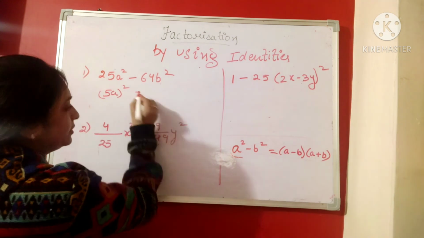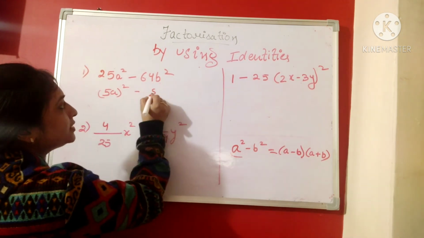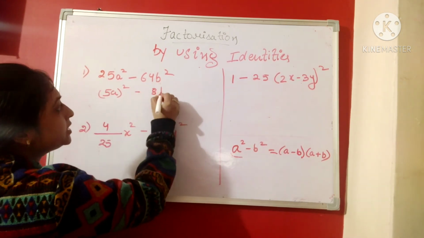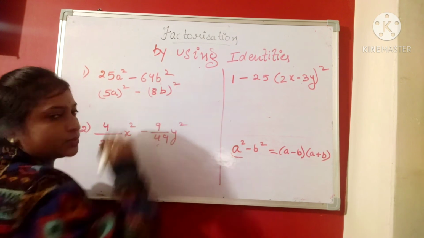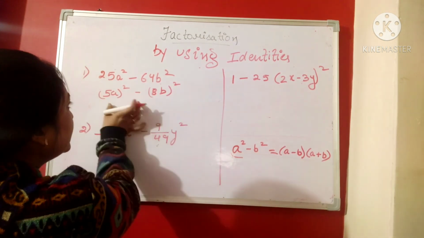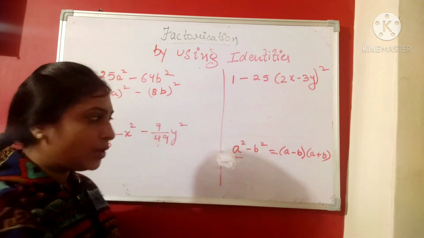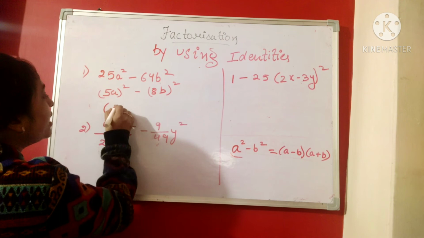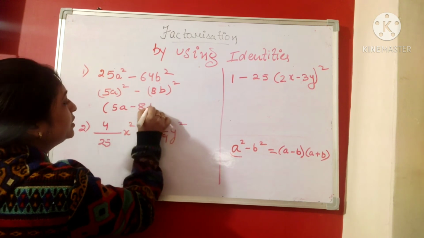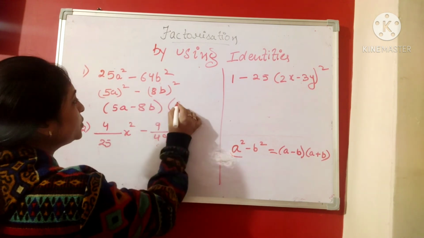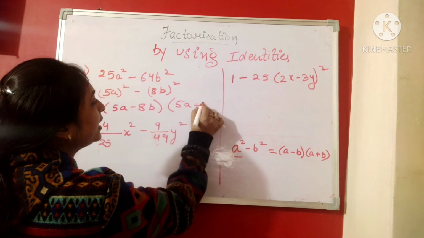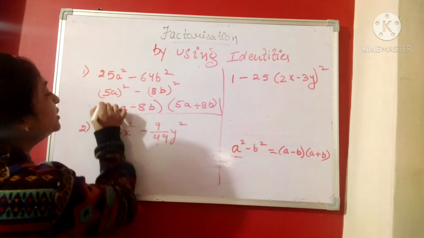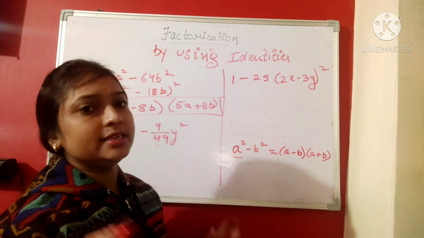Fine, minus b square, so 64 is a perfect square of 8, so 8b whole square. Fine. Now this is of this format. Now its answer will be a minus b and a plus b. Very, very simple. So in one bracket minus will come, in the other bracket plus will come, and here is our answer. It's very simple.